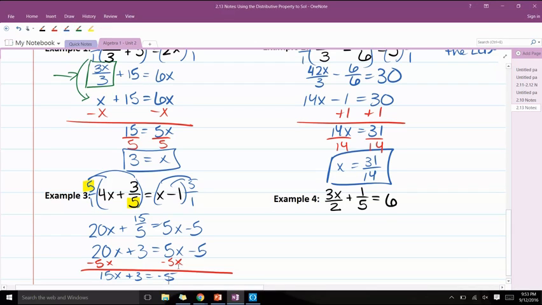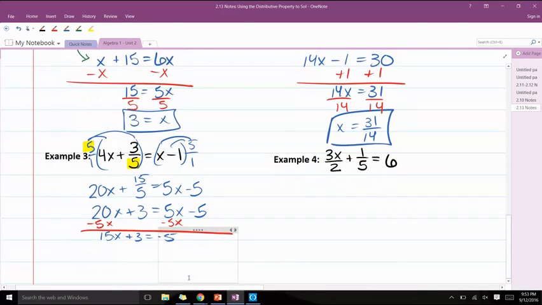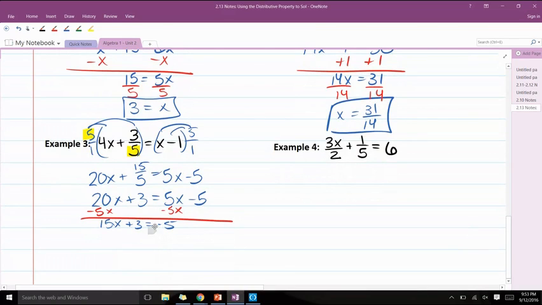Then we're going to subtract the 3 from each side. So we now have 15x equals negative 8. Divide each side by 15. And x equals negative 8/15. Okay, so hopefully that's what you got.